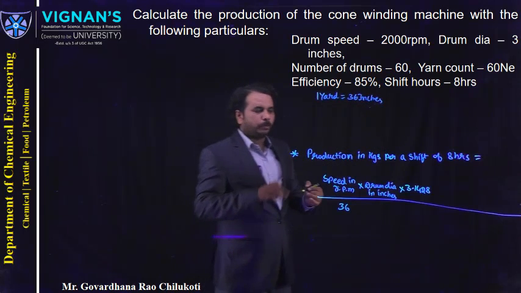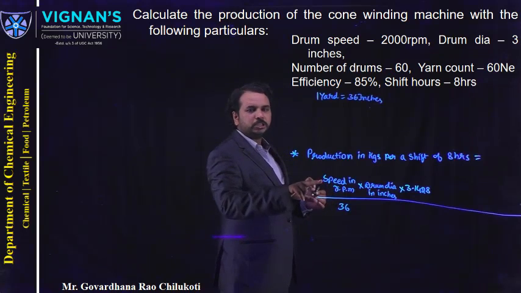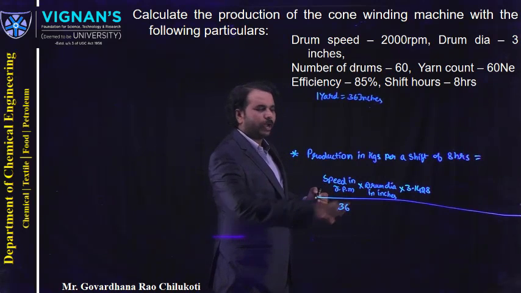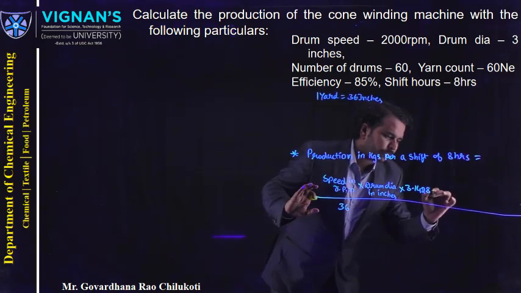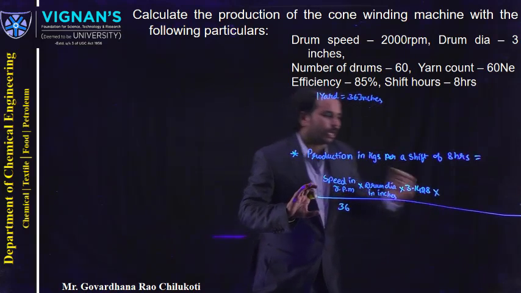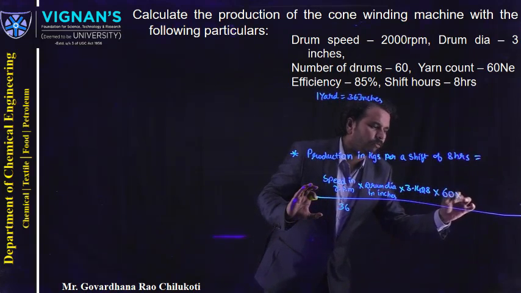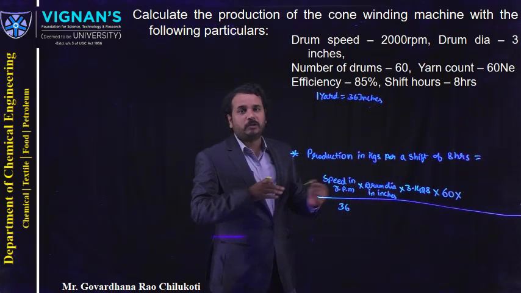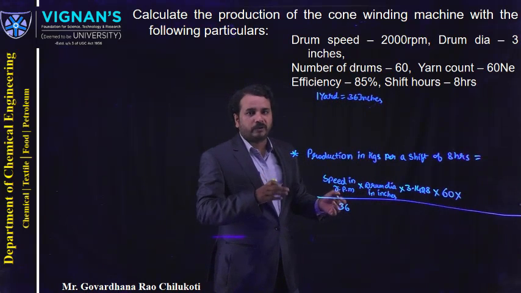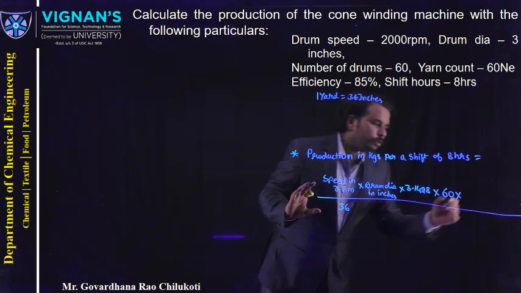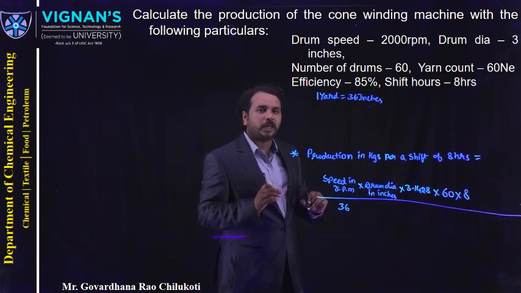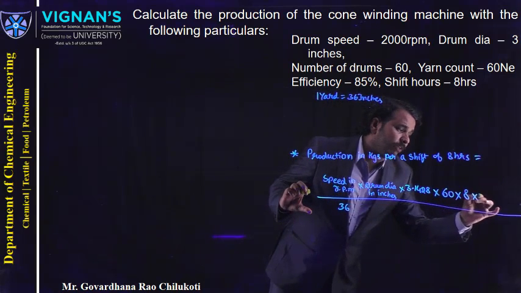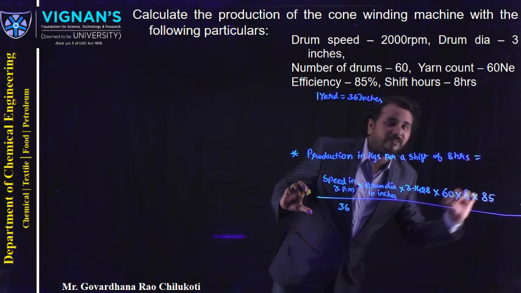So by using this, we have converted inches to yards, and the yarn length in yards has come. Then we convert per 1 minute into per 1 hour, and from 1 hour into per 8 hours of time, with 85% efficiency.